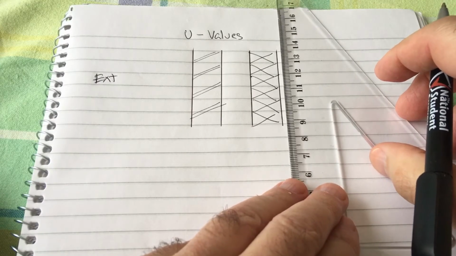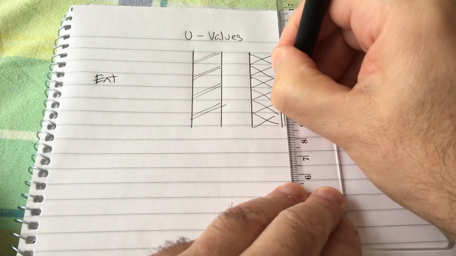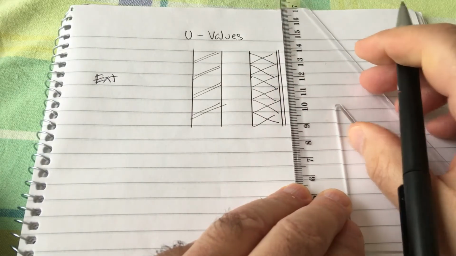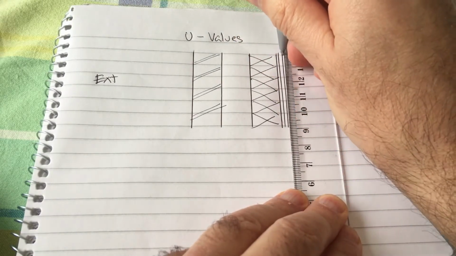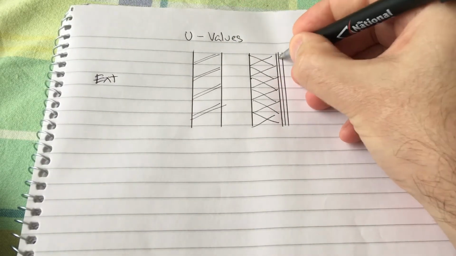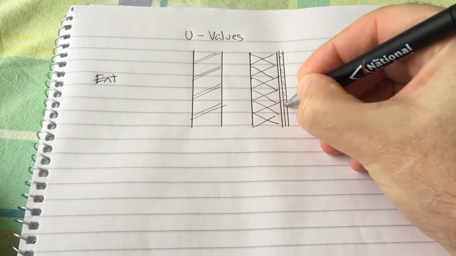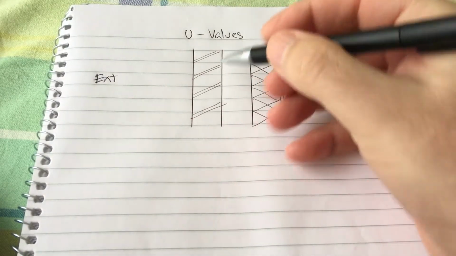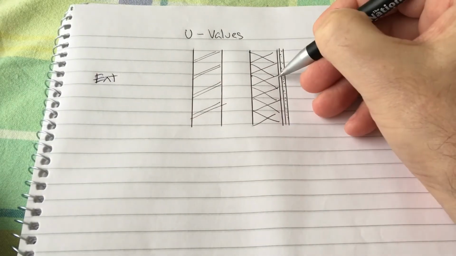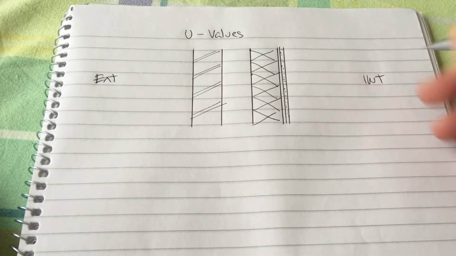This house is going to have plasterboard inside, and we're going to have a smaller cavity here, and then we're going to have the plasterboard. I am now drawing the pattern for plasterboard. So that's what we got: brickwork, cavity, blockwork, a little cavity, plasterboard, and that's the interior of the house.